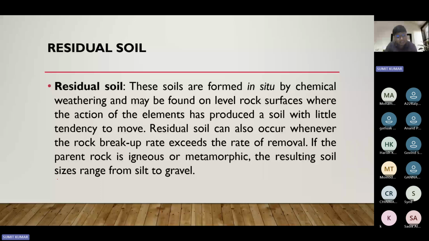Due to that process, or due to some chemical reactions, the rock breaks into small particles, and those particles are retained over there only, with no tendency to move around. That is said to be residual soil, right?